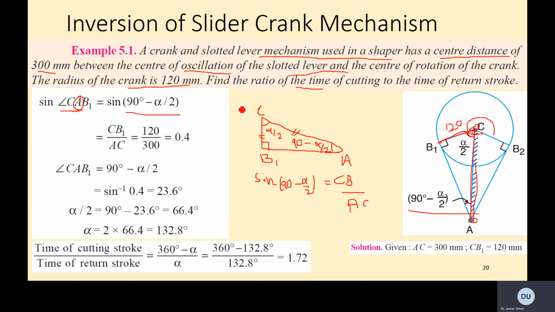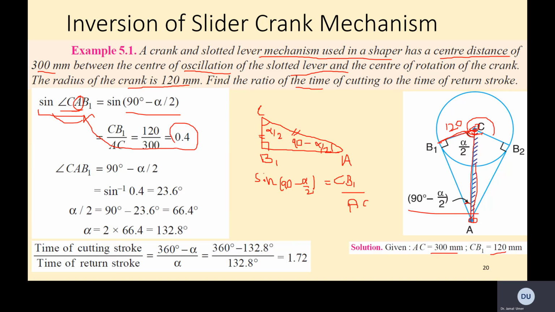CB1 is 120 and AC is given as 300. So you just plug in the numbers, and that gives the sine of the angle. Once you know the sine of CAB1, you can work backward to find the angle. So you plug this 0.4 in over here.